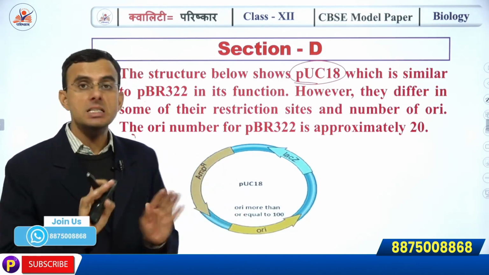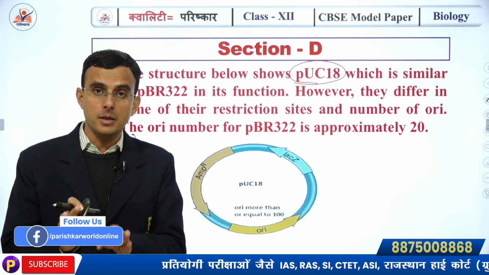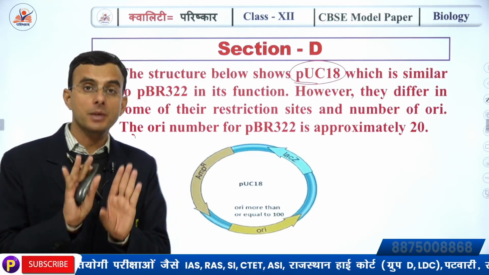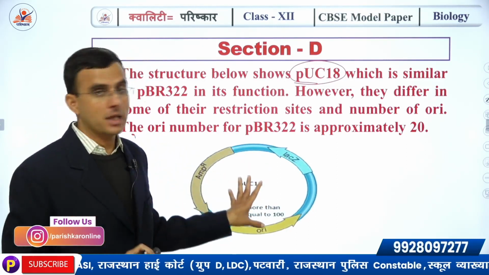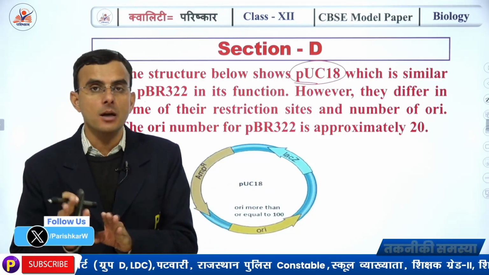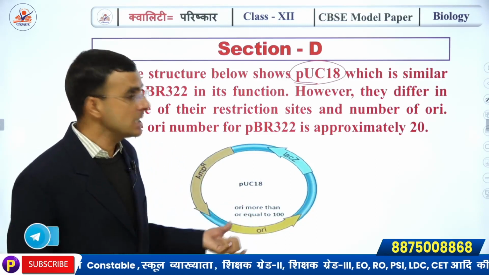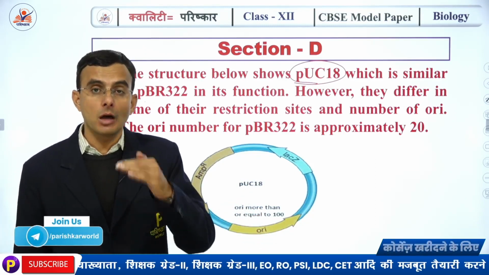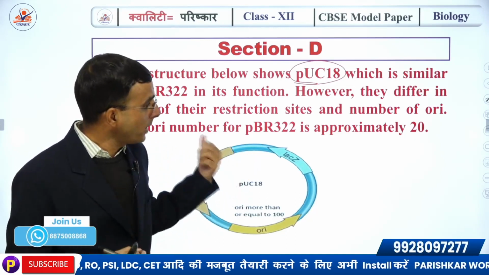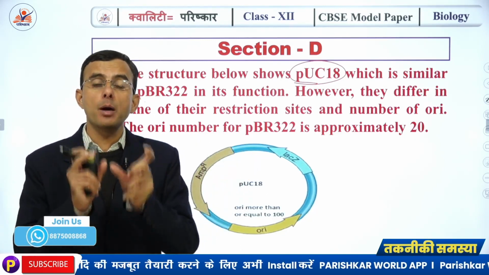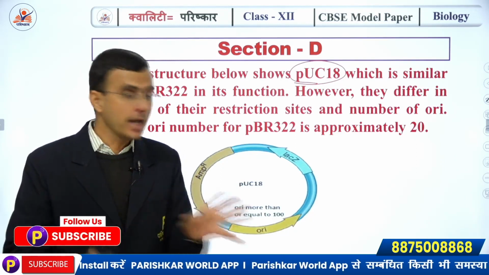If we are utilizing plasmids in biotechnological techniques, we have to modify those that are naturally present. So we have developed artificial plasmids according to our human requirements, and by these we are able to fulfill technological advancements.